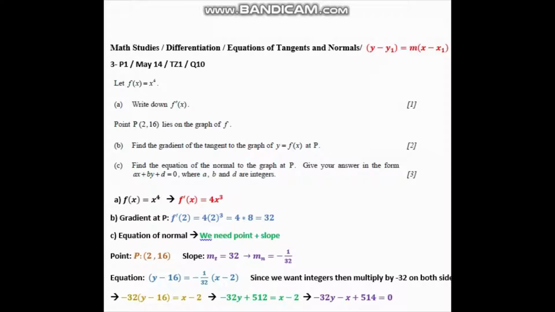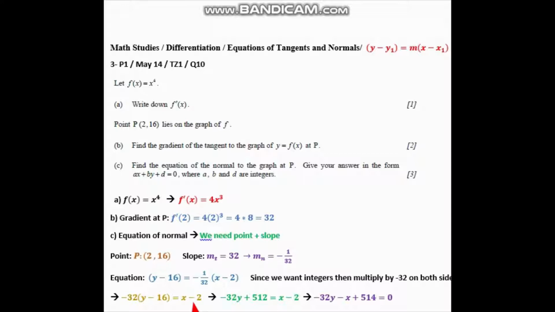So I'm going to multiply both sides by negative 32 to get rid of this fraction entirely. I'm going to get negative 32 times (y minus 16), and the negative 32 cancels out with the negative 1 over 32, and I just get x minus 2 on the right hand side.